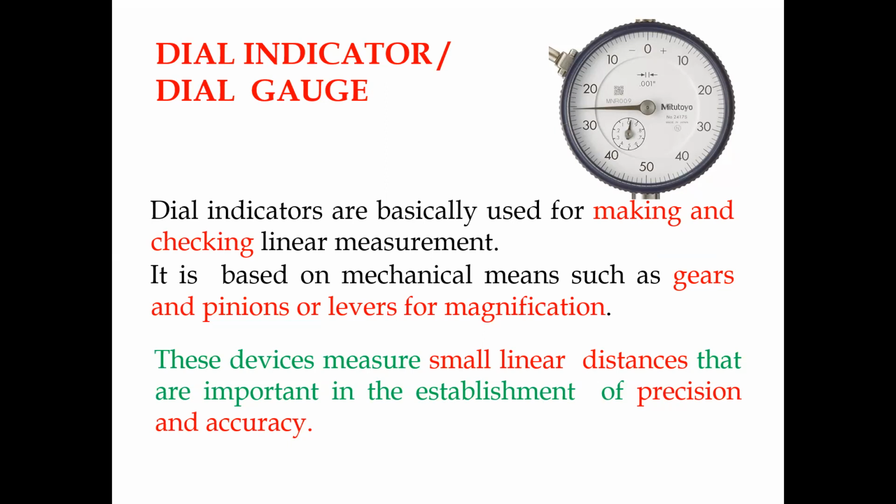Suppose you go to the lathe machines, and you have to identify the flatness or straightness. In order to check the straightness and flatness, these dial indicators are used to measure the small variations on the surface of the bed. Completely, the dial indicators are based on gear and pinion mechanisms and levers for magnification.